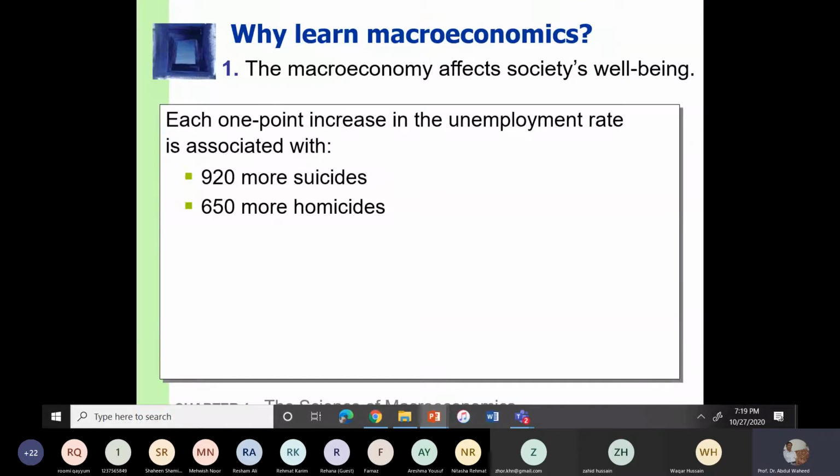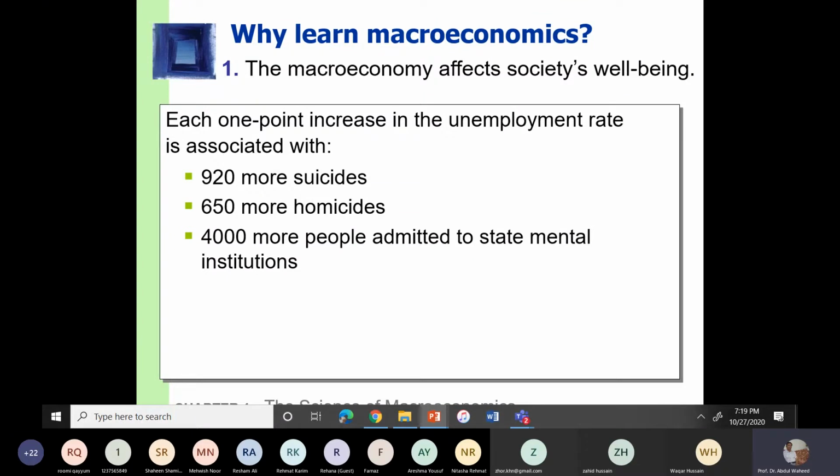Okay, so there will be unrest in the economy, there will be killing. And then 4,000 more people admitted to state mental institutions. Unemployment develops stress, and then people need to go to a psychiatrist to get help for their stress.